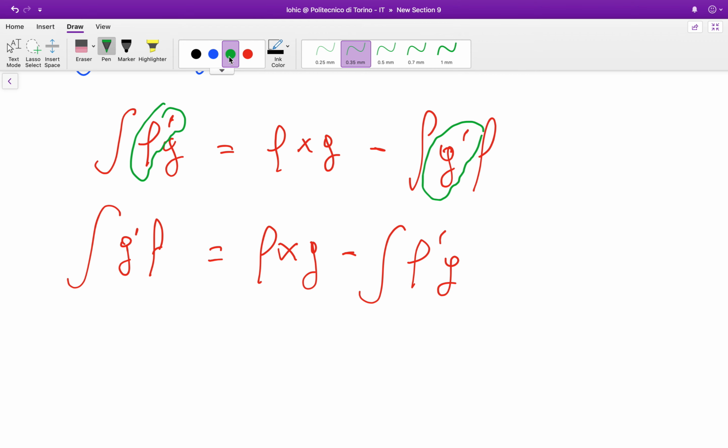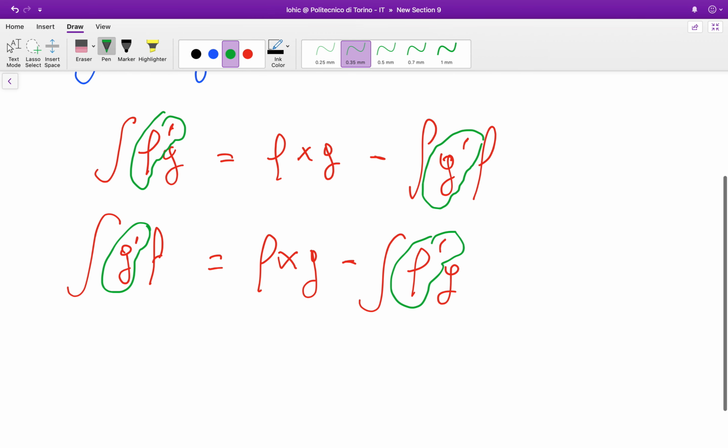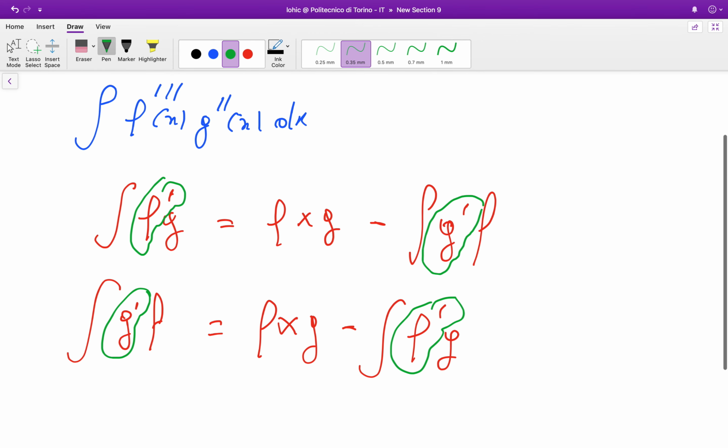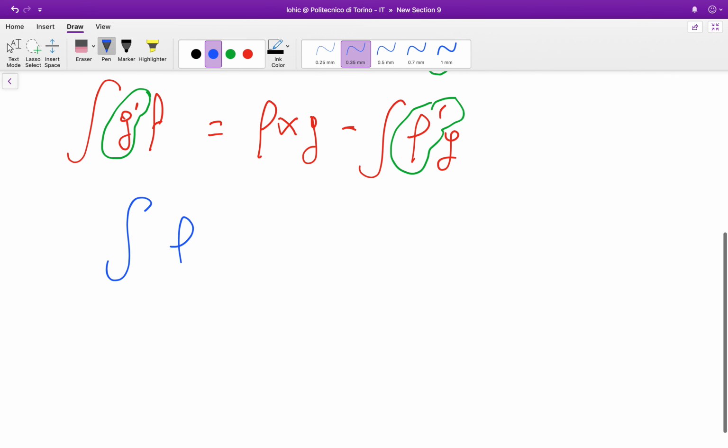All the game is about the position of the prime initially. Now what do we want to do here? The exercise asks us about the integral of the third derivative of f times the second derivative of g.